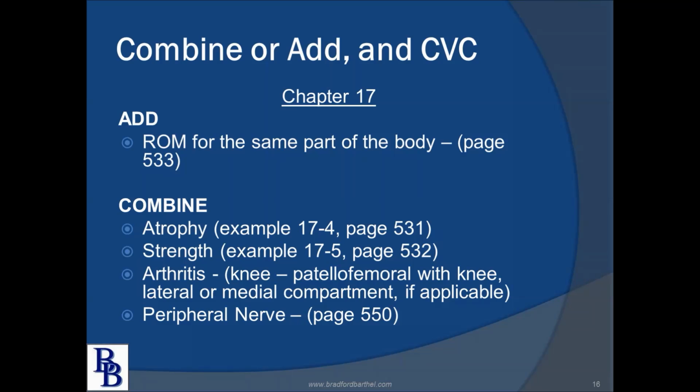And we combine these impairment values. Atrophy, the guides don't come right out and say it, but example 17.4 shows us that if there's atrophy in both a calf and a thigh attributed to the knee, you would combine those impairment values.